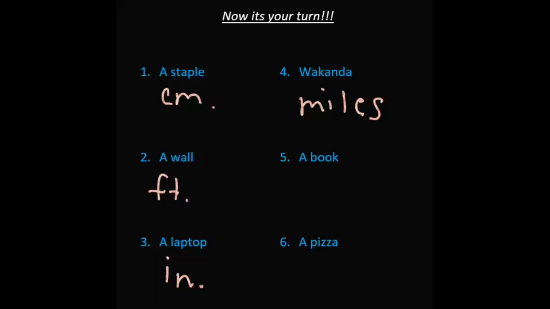Number 5 is a book. I'm not going to use miles to measure a book. I'm not going to use yards or meters or even feet. I'm going to use either inches or centimeters, but I feel inches would give us a better understanding, a more solid answer, right? So we have that done. Now let's move on to number 6, a pizza.